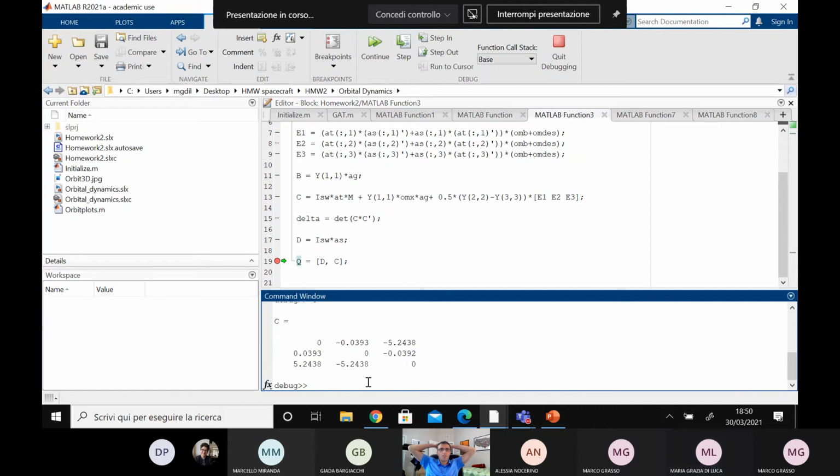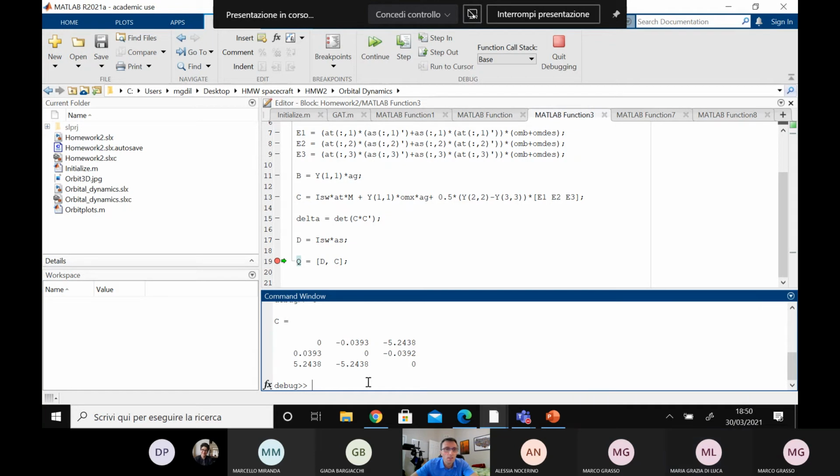So mine has, where you have the 0.039, I basically have zeros. But other than that, well, I guess that would make a difference, right? But other than that, the other values are pretty much the same, very close.